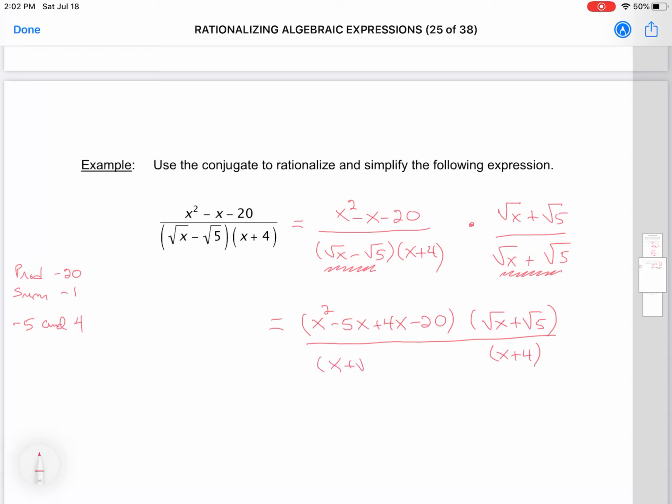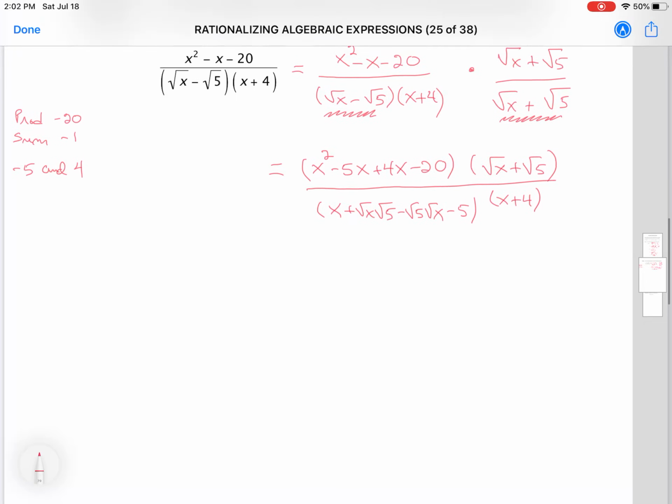Root x times root x, that's x. Root x times root 5, well, why should I complicate my life? I'm just going to leave it like that. Minus root 5 root x. And finally, root 5 times root 5 is 5 with a minus, that's just minus 5.